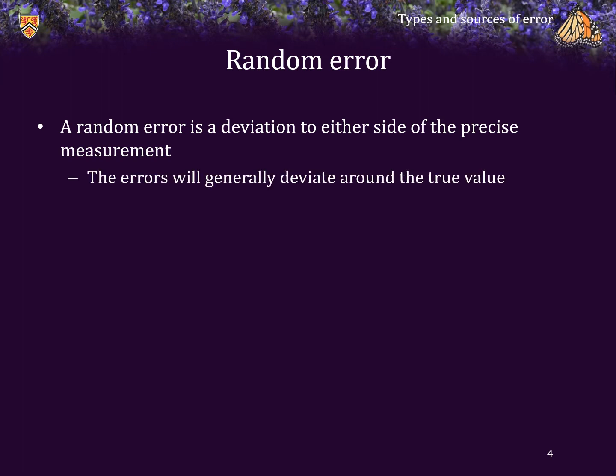And in general, the errors will cause the reading to deviate around the true value. That is, if you were to focus entirely on the deviations, you will see that they generally tend to have an average value of 0.